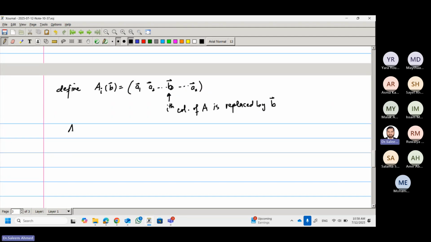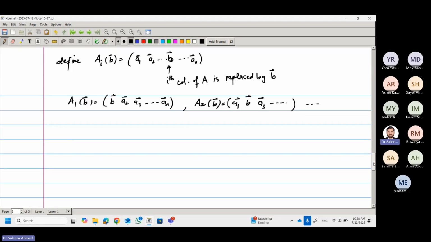So basically, if I write A1B, it means the first column will be B and the second column will be A2, A3, and so on. If I write A2B, it means the first column is as it is, A1, the second is B, and the third is as it is, A3. So A2 is replaced by B, and so on. That's how we define it. Then find the determinants.